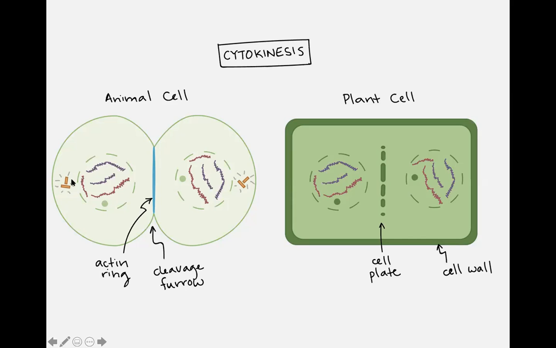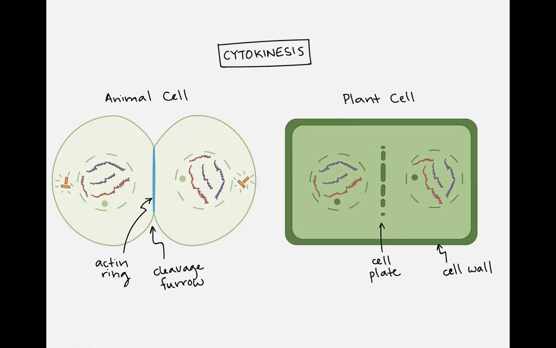Those are centrioles. It doesn't matter. You don't have to know the name necessarily, but that's where those spindle microtubules are essentially anchored to and pulling the chromosomes apart. I get all those centros confused.